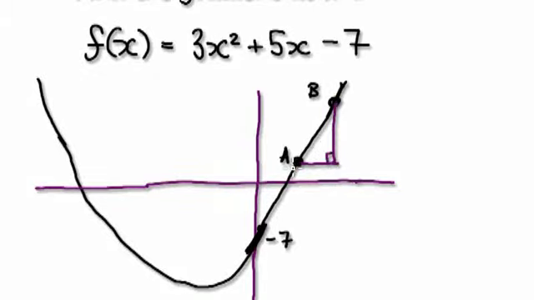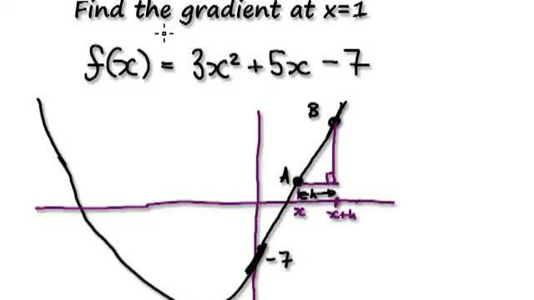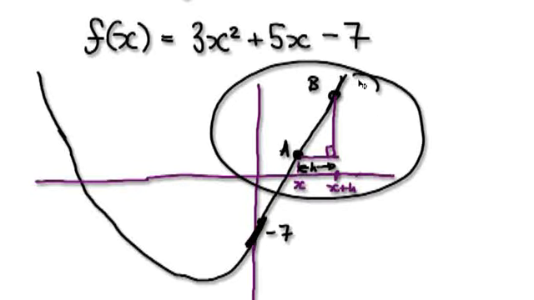Now, don't forget, this here is x, and this here is x plus h, where h is the length of the base of the triangle. So set up something like this. Start out by sketching the function, and then set up this system here.